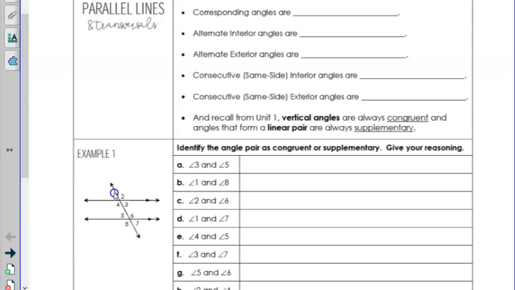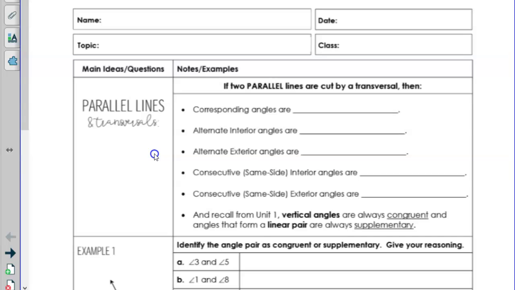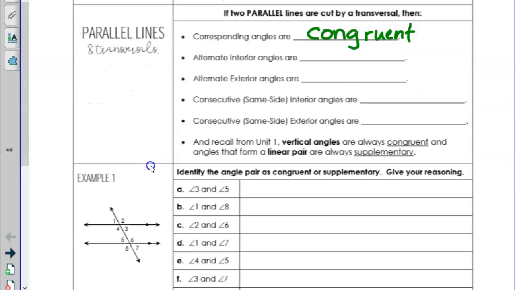So the first fill-in where it says corresponding angles are, what do you suppose the fill-in is? Congruent, very good. Alright, so looking at example 1's figure, what would be an example of alternate interior angles? 4 and 6, very good.